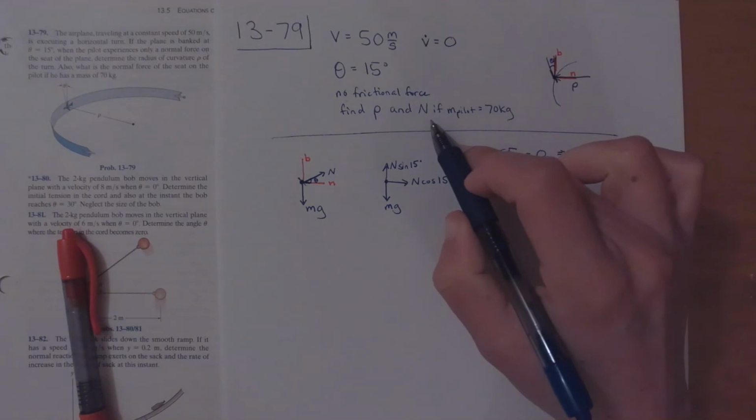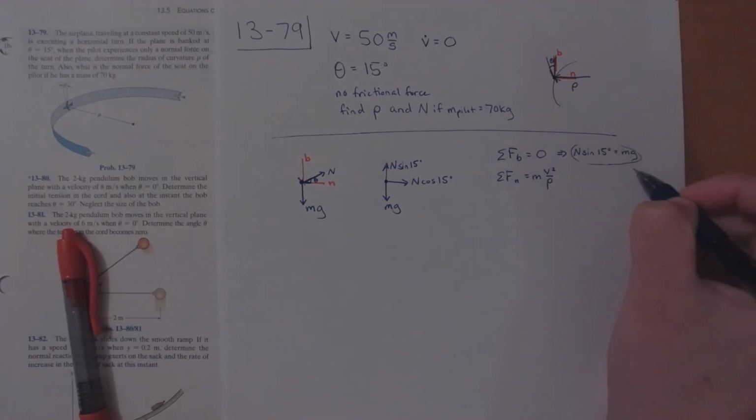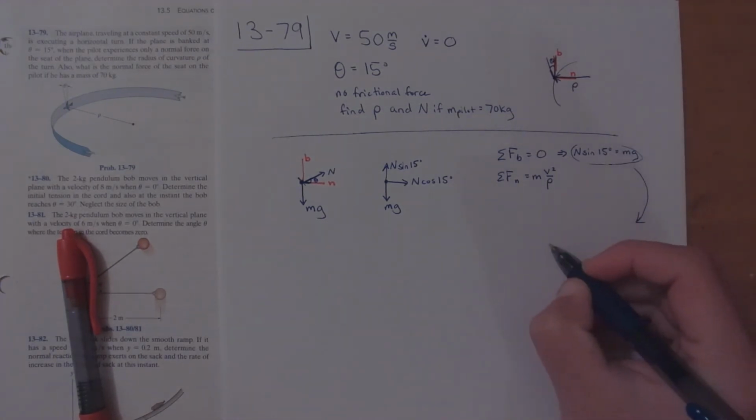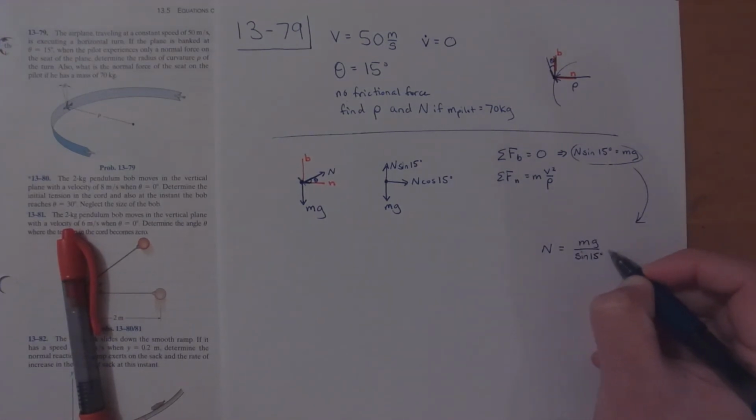We are looking for the normal force if the mass of the pilot is 70 kilograms. I didn't really plan out where I was going to write this, so we're just going to drop down here and say n is equal to m times g divided by sine of 15 degrees.